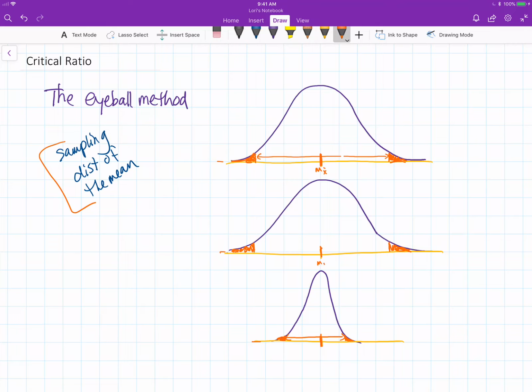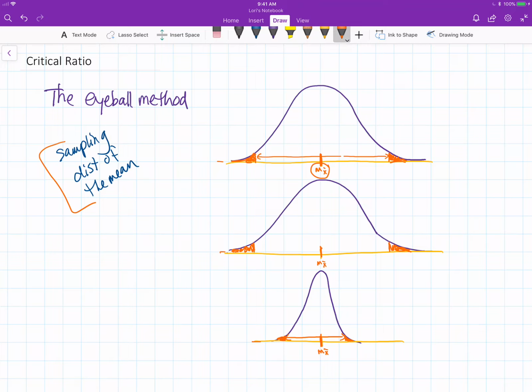Again, same thing. And what we'd like to do is have three different scenarios where we're looking at whether it's reasonable that our sample mean of the distribution means is equal to a certain value.